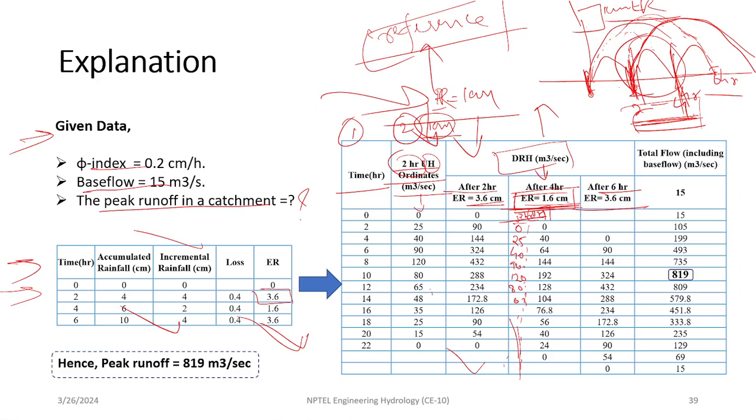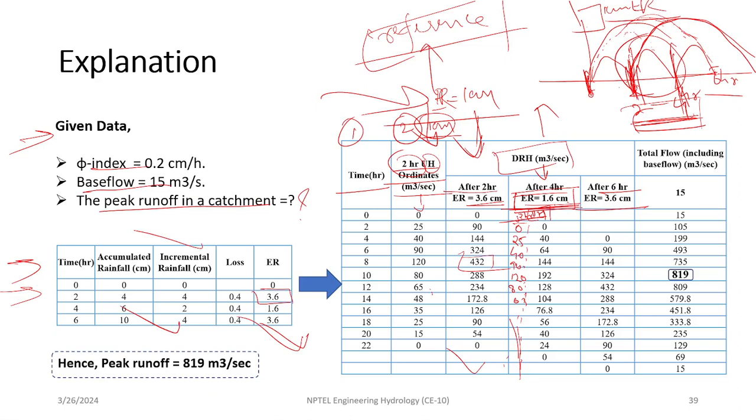So Ashish, now you can see for every storm, peak values may be different. It won't be the same for all, right? And whatever peak values we are getting may have occurred in different time intervals also. For the 2 hour storm, I'm talking about this third column, the maximum runoff peak I'm getting here is 432, found at 8 hours, right?